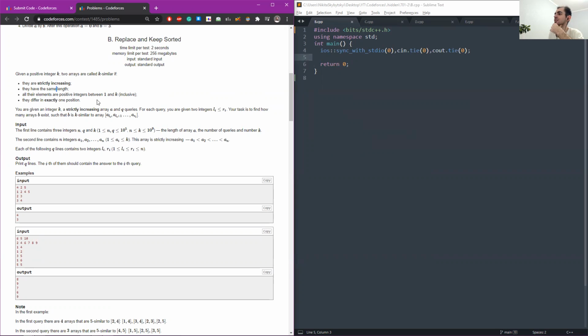Oh, so they have the same lengths, which may be smaller than k. Okay. Now given a strictly increasing array a and q queries. For each query, you're given two indices l and r. Your task is to find how many arrays B exist such that B is k-similar to the subarray of a from l to r. What is that problem?